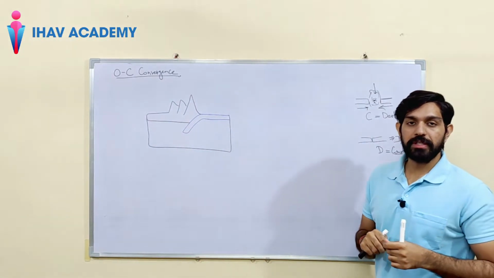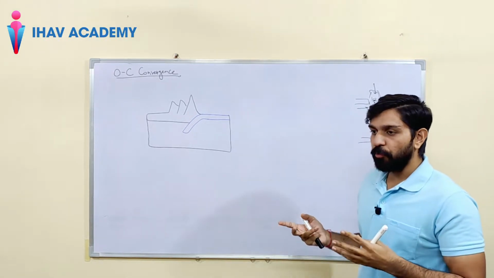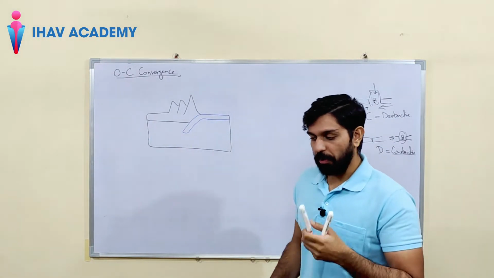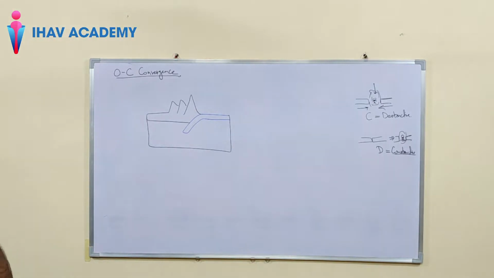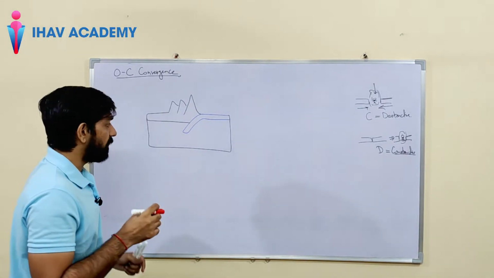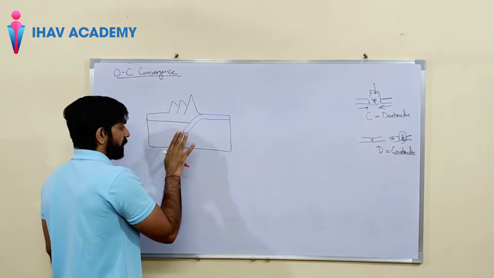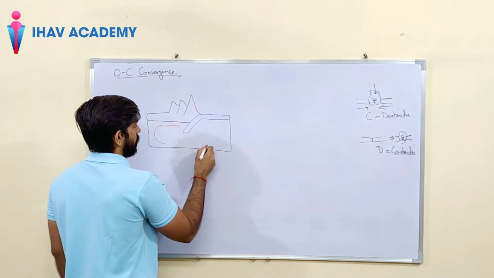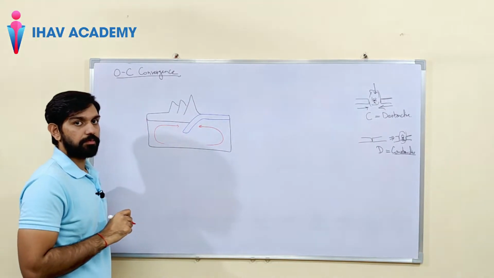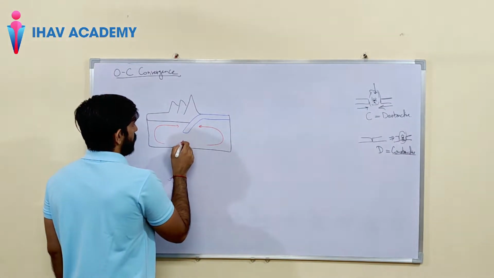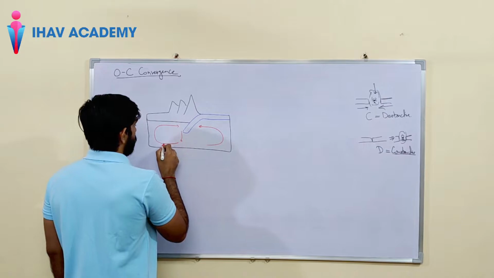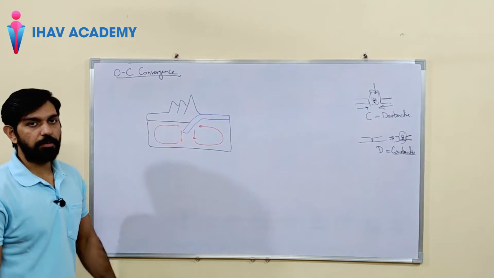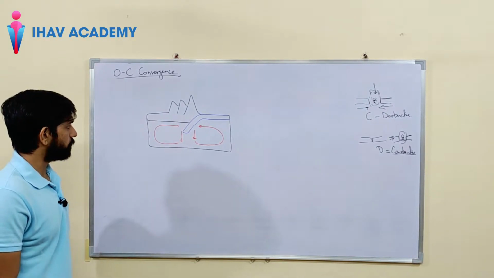If the two plates are coming towards each other, it means some force is acting that is moving the plates towards each other. तो हमने पढ़ा था this force is nothing but convectional currents. Now these convectional currents inside the asthenosphere will flow in which direction? These are converging plates. So understood? So this is the convergent magma or convectional currents.